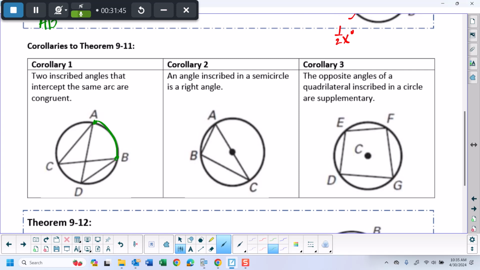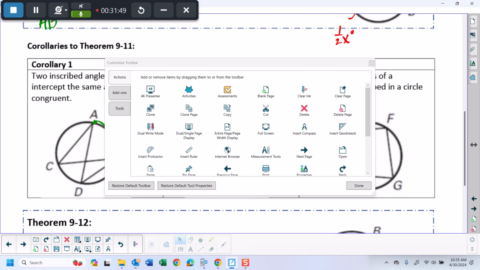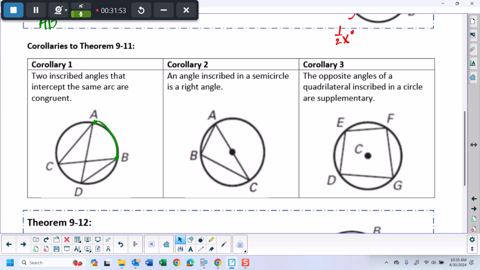Do you see inscribed angle ACB? Do you see inscribed angle ADB? Do you see how C and D both have vertices that sit on the circle?